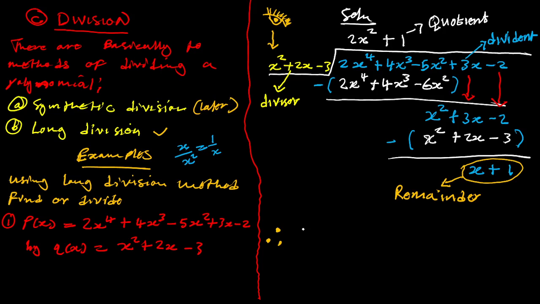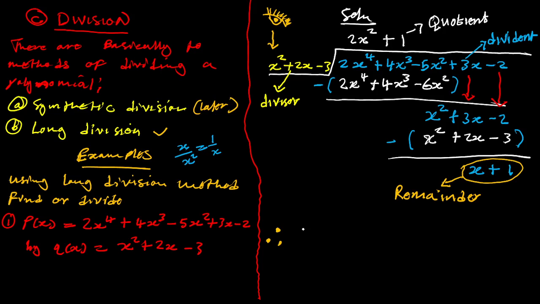Okay, then you are going to put a plus there. We are writing that plus because we have the remainder. You are going to write the remainder next, which is x plus 1, and then over.